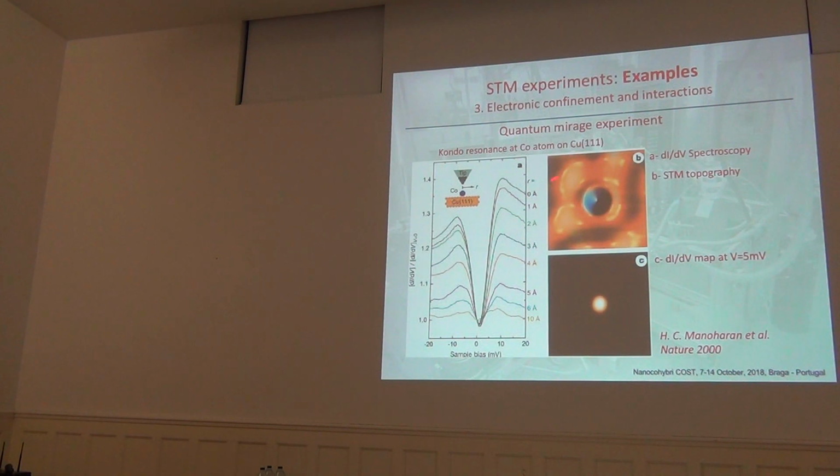So if you look at the topographic image, of course you have the atom, but if you look at this minimum, you get this spot, which is a local signature of the Kondo effect. You don't see this signature here or there away from the cobalt atom.